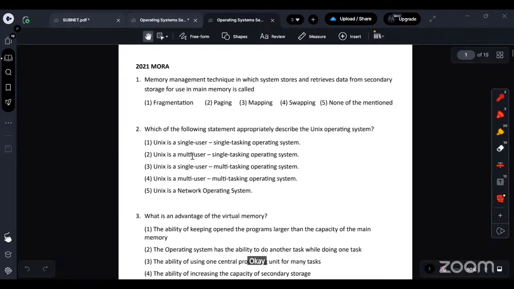Okay, are you guys sure the answer is swapping or paging? What do you all say? Let's see how many gets it right.